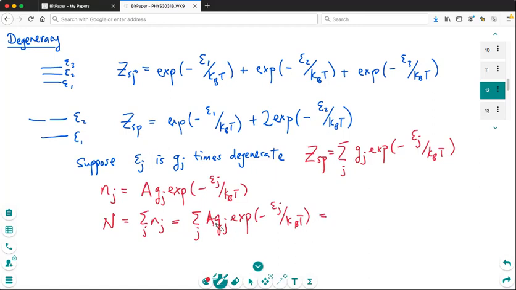Then you see that your A can be pulled out in front of the summation sign, and you recognize the rest is the symbol representing the single particle partition function. From here, you can keep going and repeat the exercise we did last time, and you will discover that U, S, F, the Helmholtz function, etc., are identical.